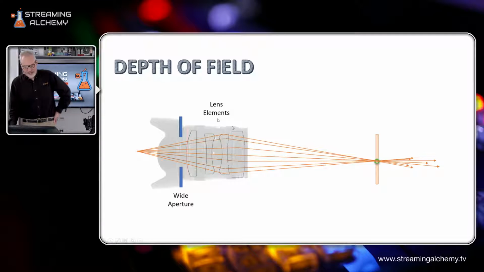So if you look at this picture here, we have light with a very wide aperture. In this case, this would be similar to the f1.4 that we were looking at before. We have a very wide aperture, and so there's a lot of light that's entering the lens. But the thing about light is it's coming in from all different angles.